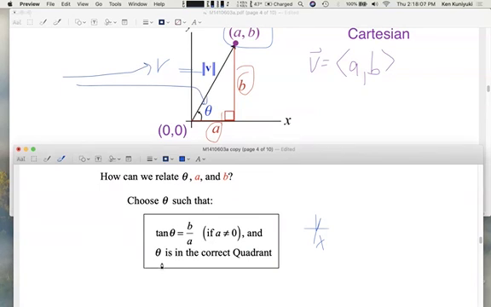Now, I have another note here. Make sure that theta is in the correct quadrant, because you might be really tempted to say, well, if tangent of theta is b over a, can't I just say that theta is the inverse tangent of b over a?